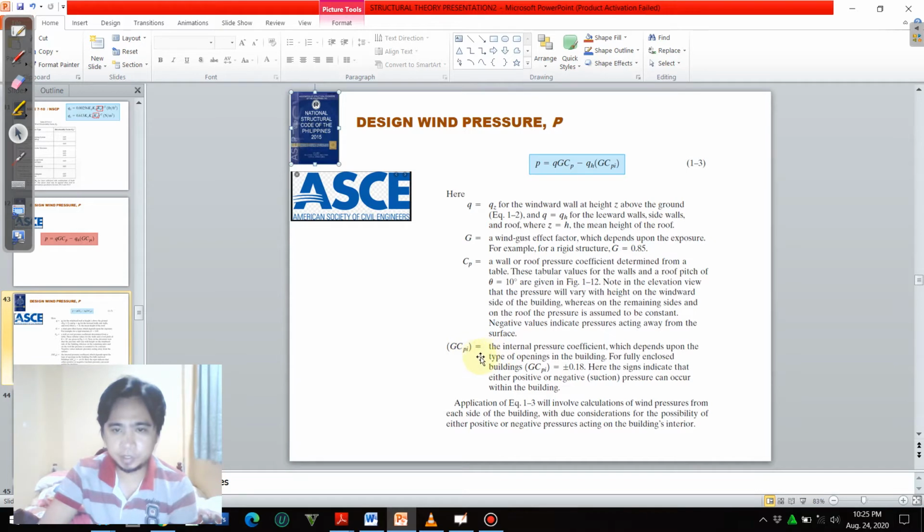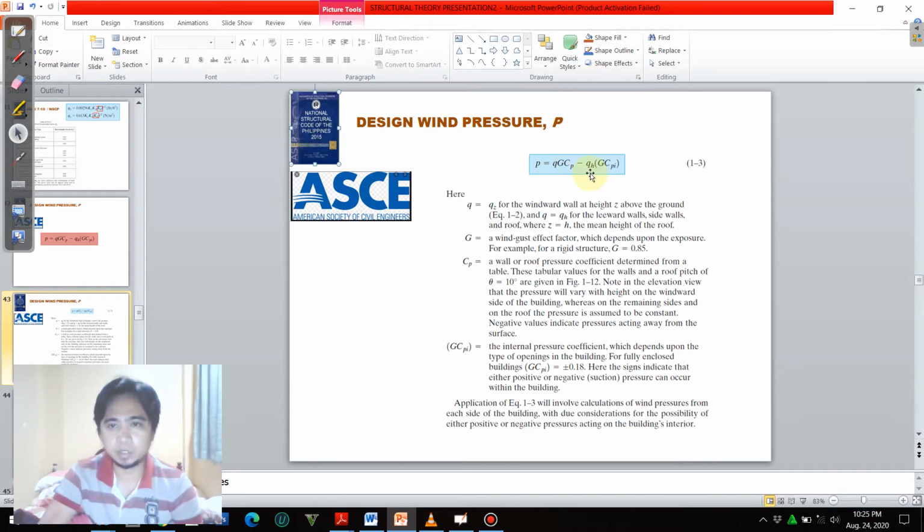And then for the GCPI, this is the internal pressure coefficient. We have also a table, but if we have a fully enclosed building, it is set to be plus or minus 0.18. Remember that before we can proceed to the pressure formula here, we need to determine the QZ, because QZ is equivalent to QH as well.